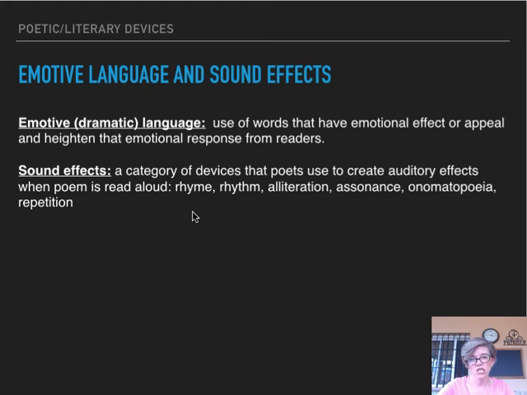Remember, this all leads us back to the idea that poetry is meant to be read out loud, and so there's loads of things that appeal to the sound in a poem. So anything having to do with rhyme, rhythm, alliteration, assonance, onomatopoeia, repetition, and more, even just sound appeal, those contribute to the overall sound effects that you'll find.